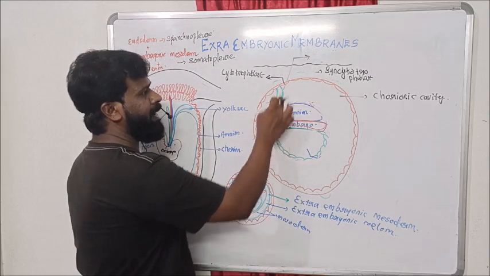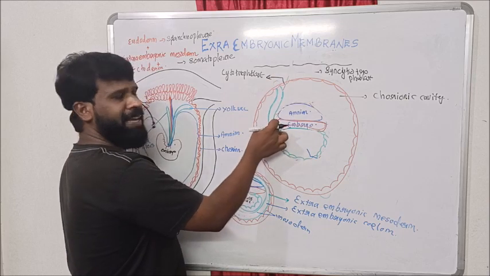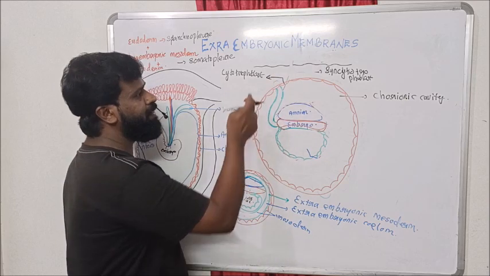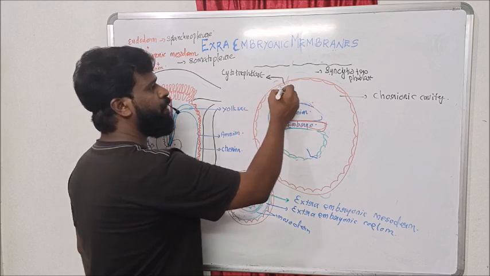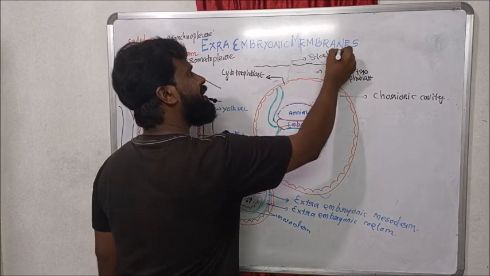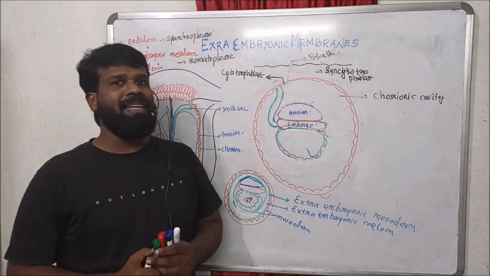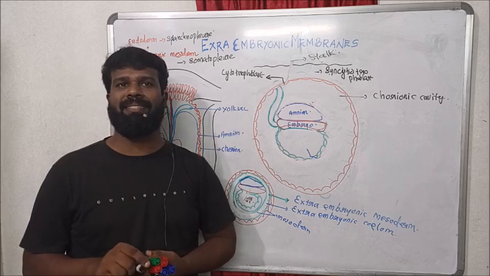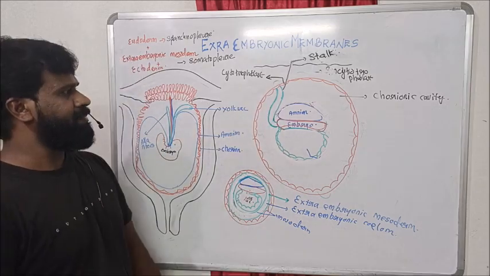This remaining extraembryonic mesoderm that acts as a link between the trophoblast and the embryo is called the stalk. Now it acts as a stalk which connects this embryo with this trophoblast. Okay.